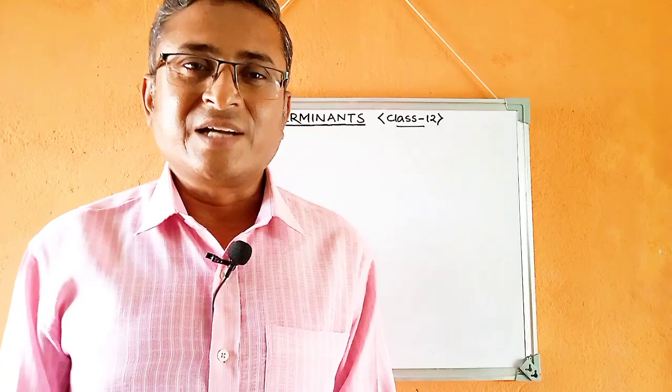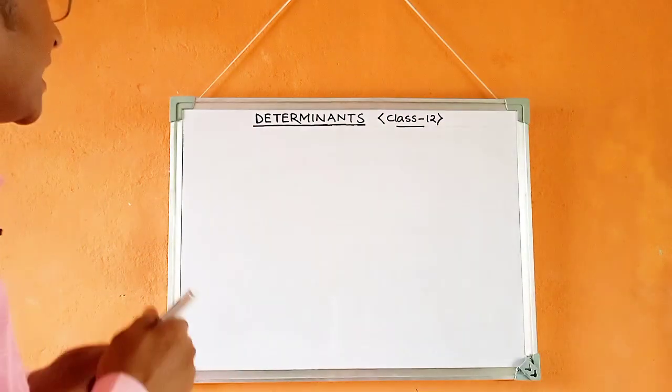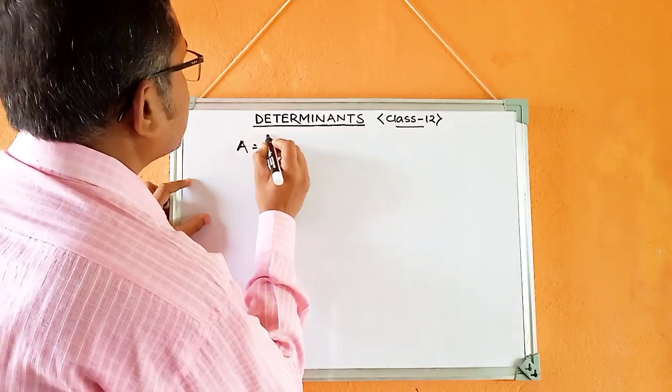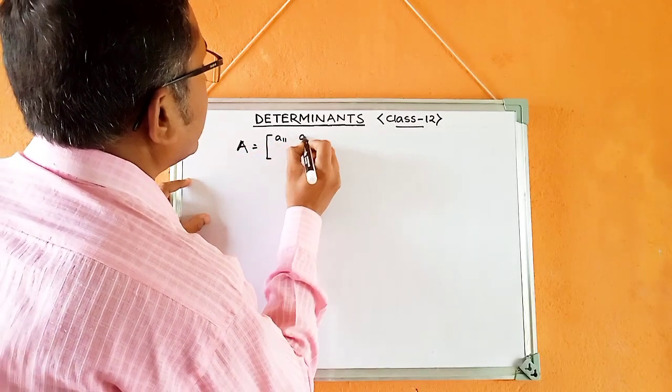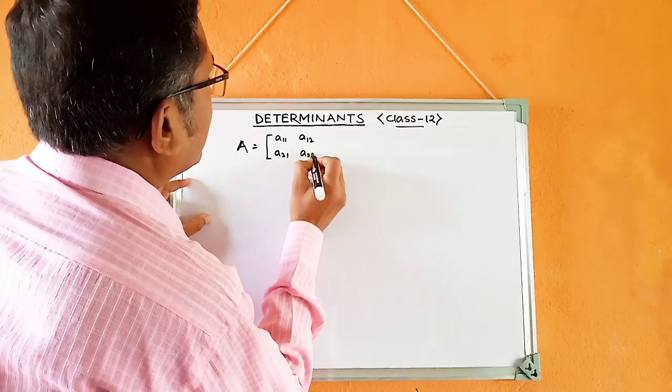Okay, so let's start. Let's start determinants. Suppose we take a matrix A, a square matrix, obviously, A11, A12, A21, A22.